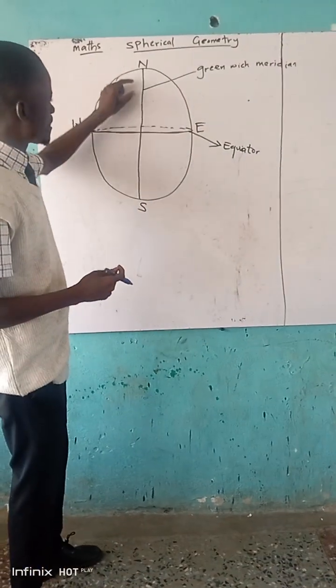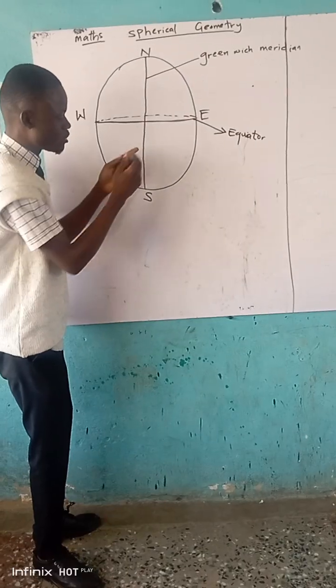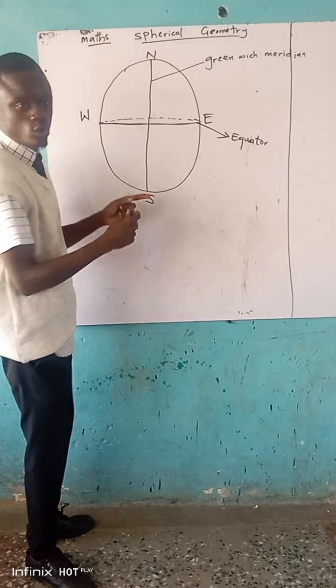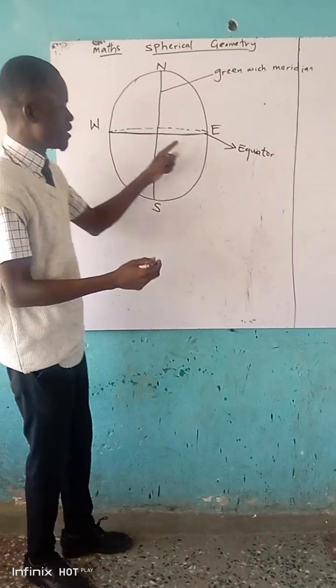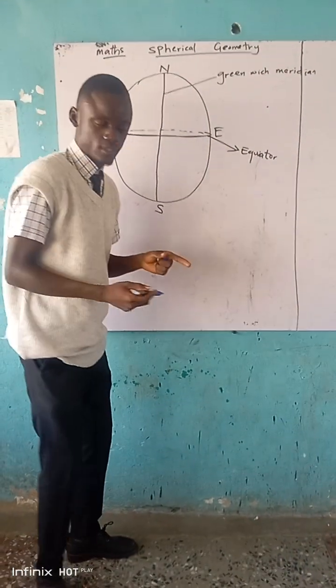So this Greenwich meridian is going to serve as the reference point for our longitude, and the equator is going to serve as the reference point for our latitude.